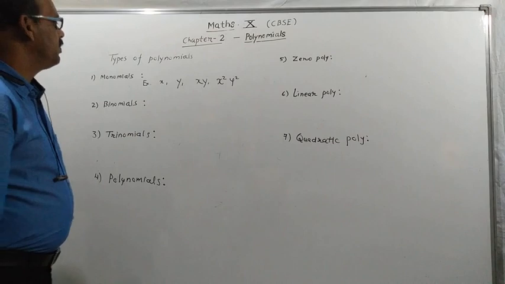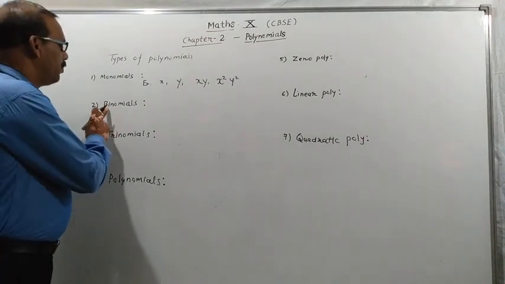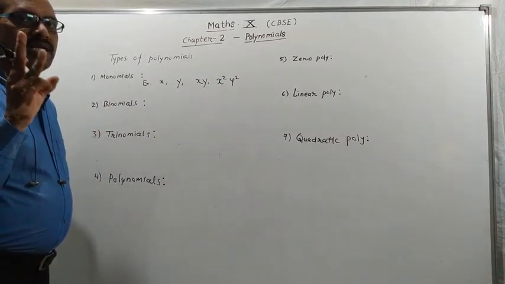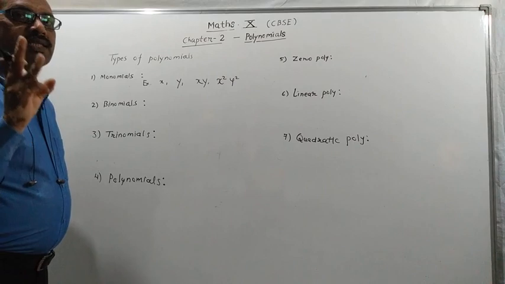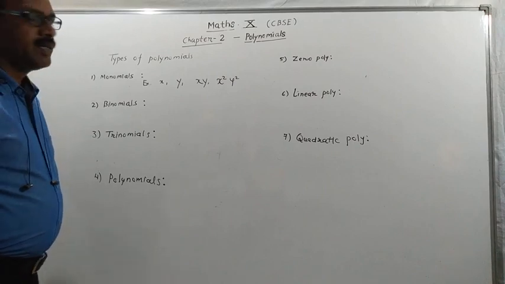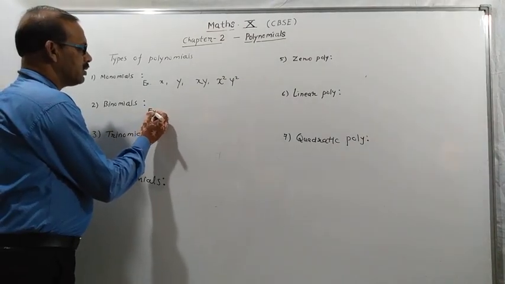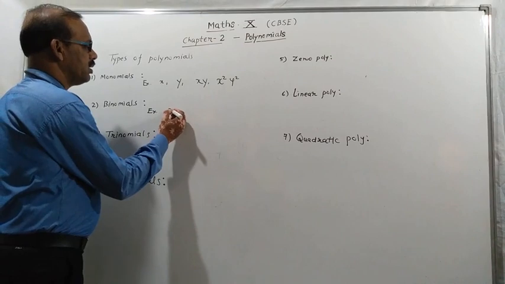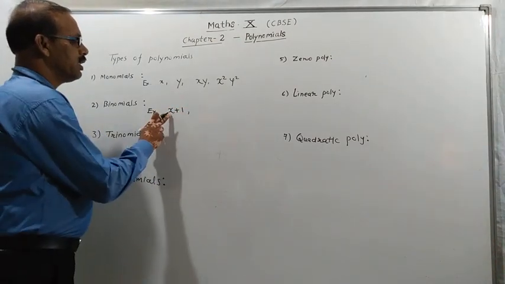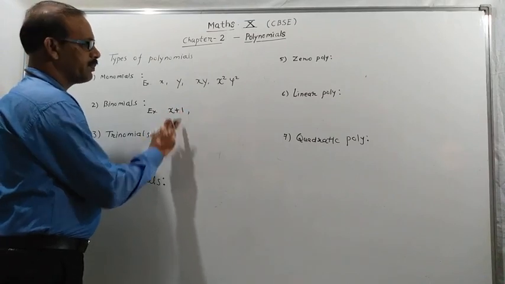Now the second type is binomial. Bi means it contains two terms which are separated using a plus or minus sign. Examples of binomial are x plus 1, which contains two terms: the first one is x, the second one is 1.